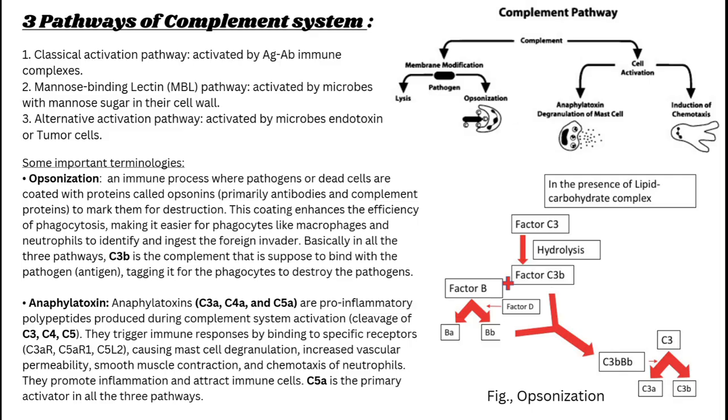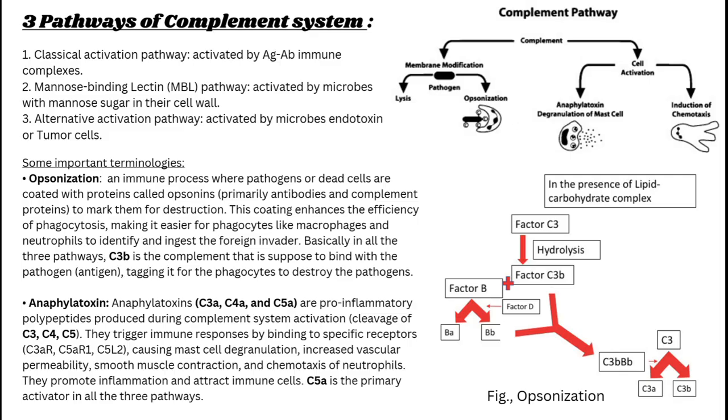They trigger immune responses by binding to specific receptors, causing mast cell degranulation, increased vascular permeability, smooth muscle contraction, and chemotaxis of neutrophils. And apart from that, the anaphylatoxins, along with the chemotaxis, promote inflammation and attract the immune cells. And as I've already told you, and it's mentioned here, C5a is the primary activator in all three pathways. So that's all about the two terminologies that I mentioned here.